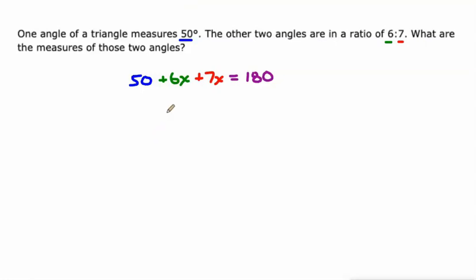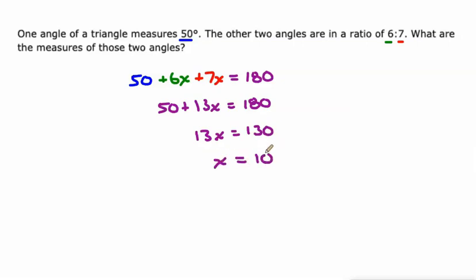So 6x and 7x together, that makes 13x. And then we'll subtract 50 from both sides, and we'll get 13x equals 130. And then we'll divide both sides by 13, and we see that x equals 10.